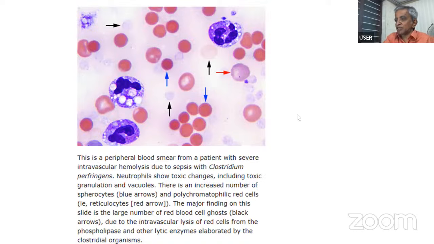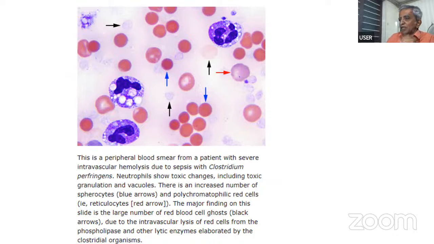It is a toxin. It lyses the RBC. It is an enzyme, some phospholipase or something, that will cause damage to the RBC membrane that produces the spherocytes and ultimately lysis.